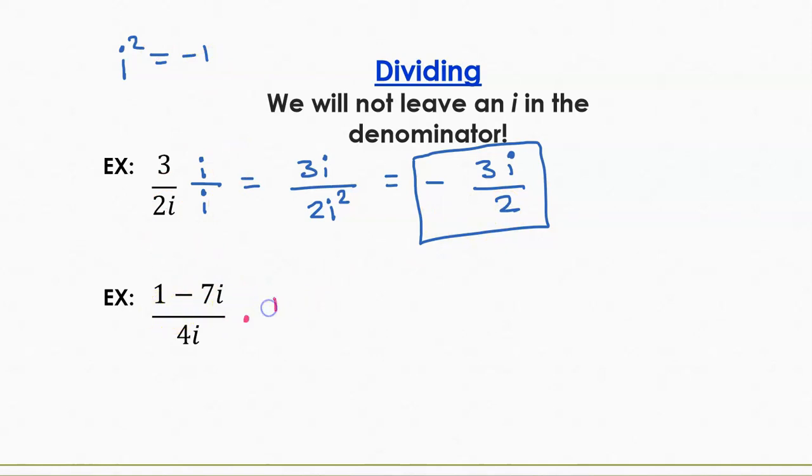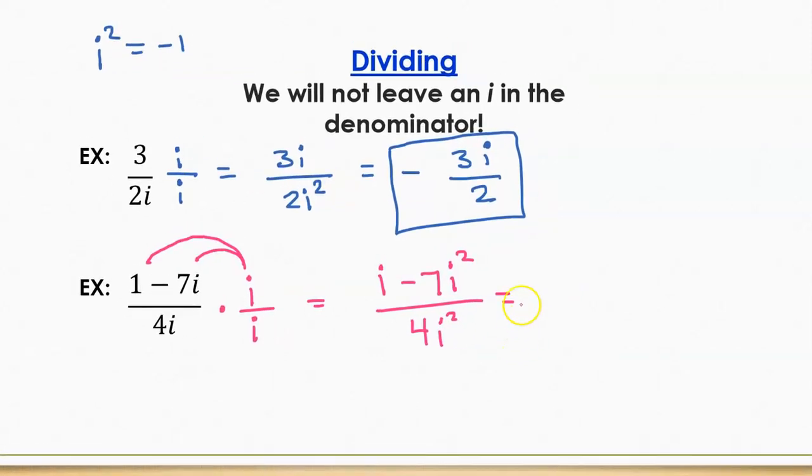We can just multiply by i over i. The only difference is we will have to distribute the i in the numerator. So in the numerator, I will now have i minus 7i squared. In the denominator, I have 4i squared.